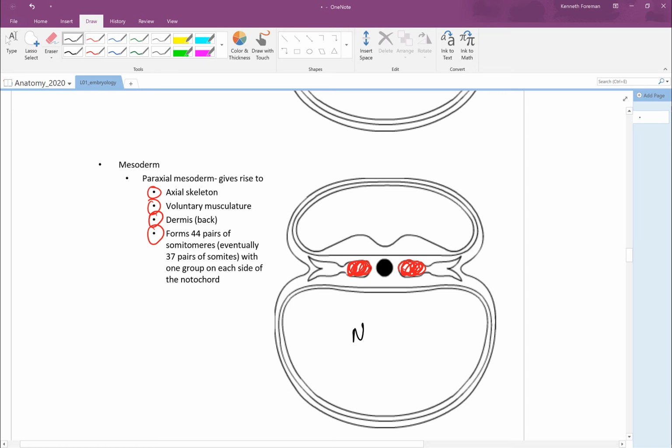And this right here is the notochord, and you'd have basically two pieces of paraxial mesoderm.